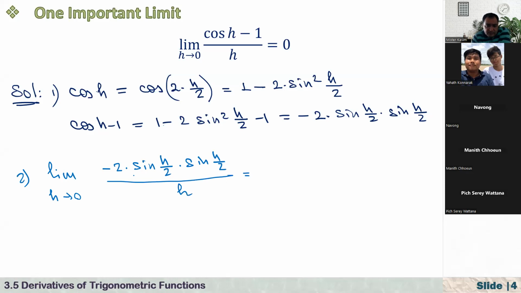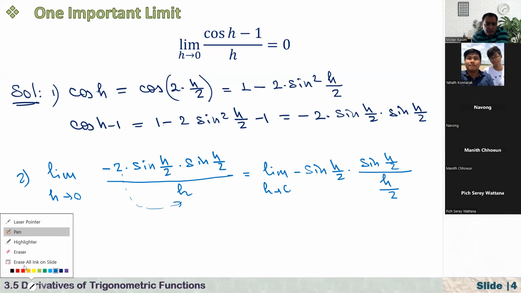I can rewrite this, bringing this 2 down, and the negative 1, anyway, let me just keep it there. The limit as h approaches 0 of sine of h over 2 times sine of h over 2 over h over 2, with the minus here, and the 2 just comes here.